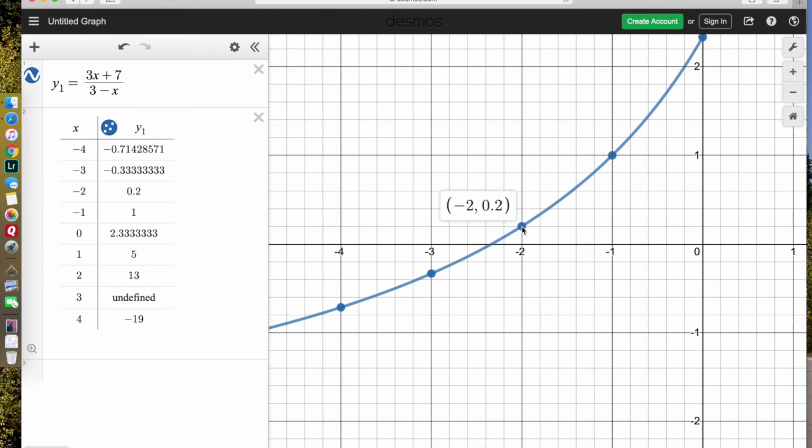I can see that the value of the function at x equals -3 is negative, or below the axis, and the value of the function at x equals -2 is positive, or above the axis. To get from below the axis to above the axis, it has to go through the x-axis, and that's a solution. But I can also look at the table and say, where x is -3, the y value is negative. Where x is -2, the y value is positive.